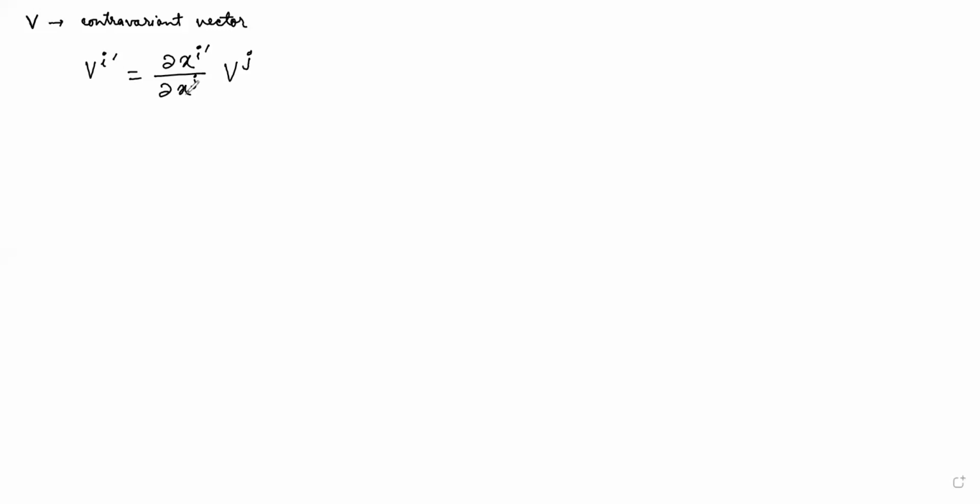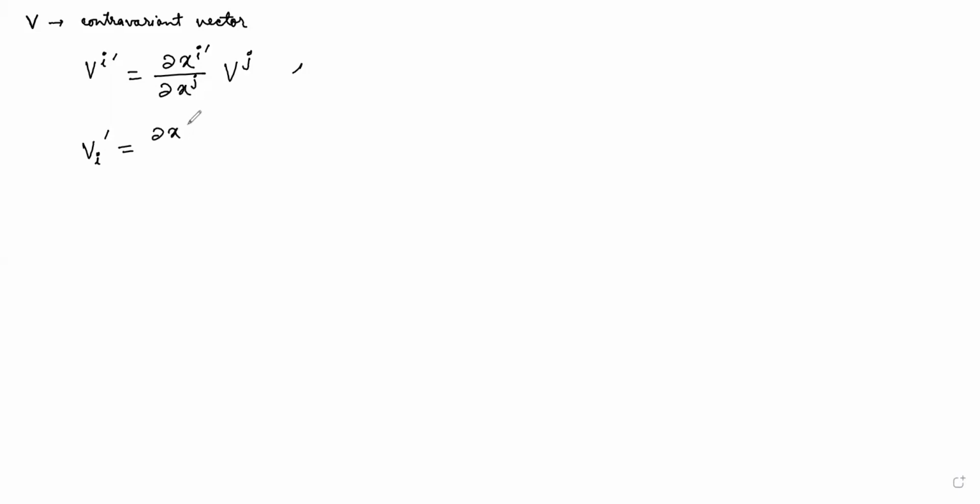Similarly, we had a similar definition for a covariant vector. If v is a covariant vector, here in covariant vectors we use subscripts, while in contravariant vectors we use superscripts.